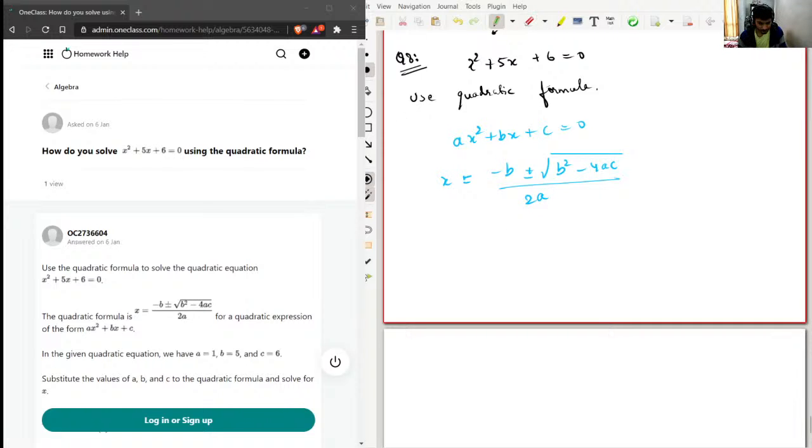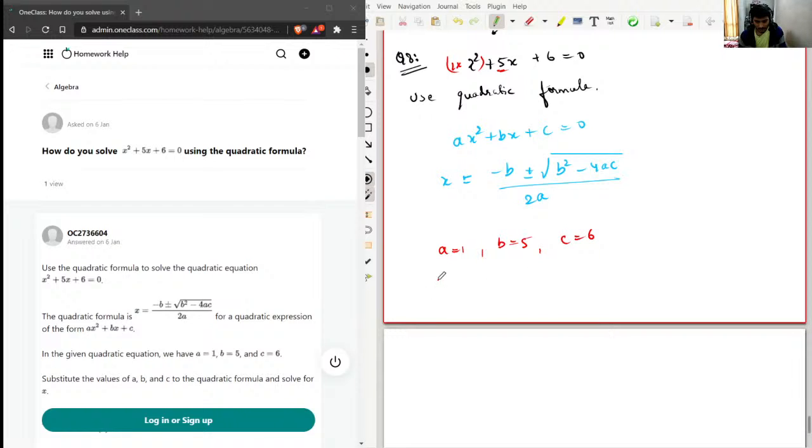So I'll just use red now. In this equation we can see that a is 1, b is 5 because this x is multiplied with 1, and c is 6.